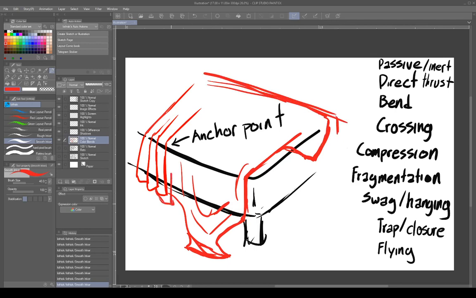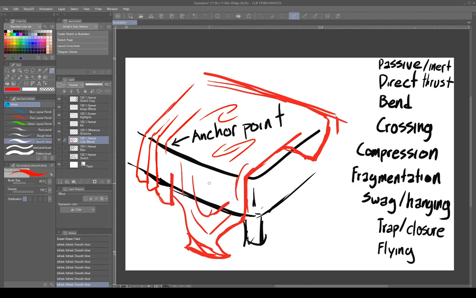That's one of the ways that you can think of folds anyway. So passive or inert, it's just laying there. It's not doing anything. Sometimes you can just kind of do whatever because it's just laying there.